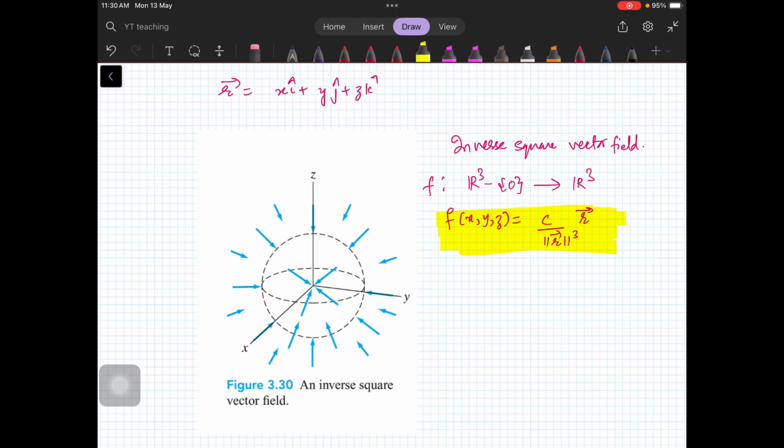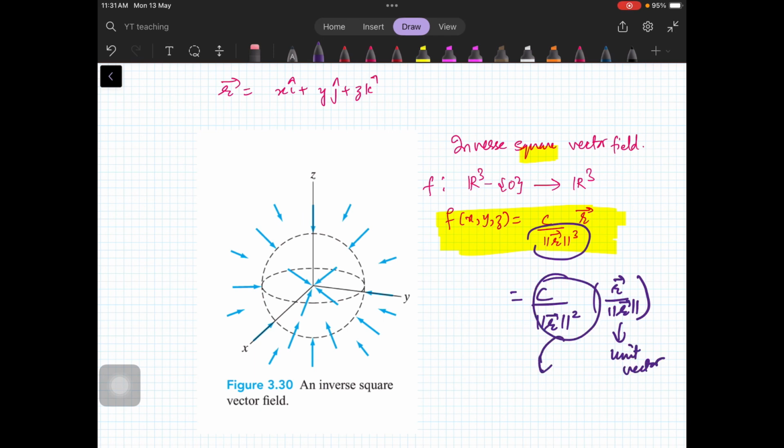Now somebody can ask why this is called square, because here you have a cube, right? It's because you can write it like this, c upon mod of r squared into r cap upon mod of r cap. Now this is a unit vector, right? So this is going to the magnitude. So that is why this is inverse square, because this is the magnitude of the position vector, how far you are from the origin.